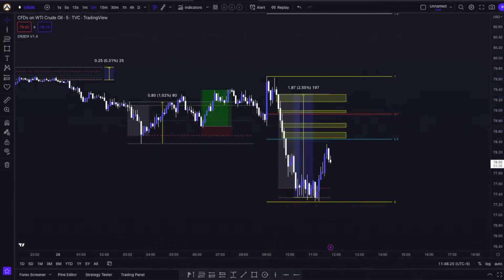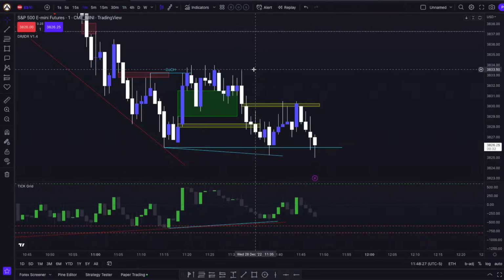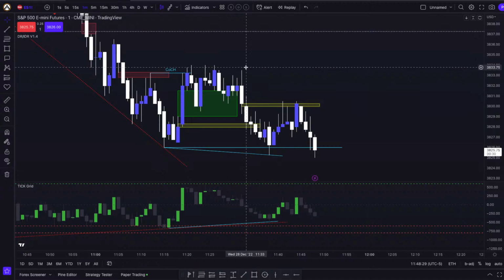So if you see the setup, I take it no matter what, in my opinion. Of course you can avoid it because maybe you'd be faked out or something like that, but I'd still take the setup if I see one between 12 and 1 p.m.